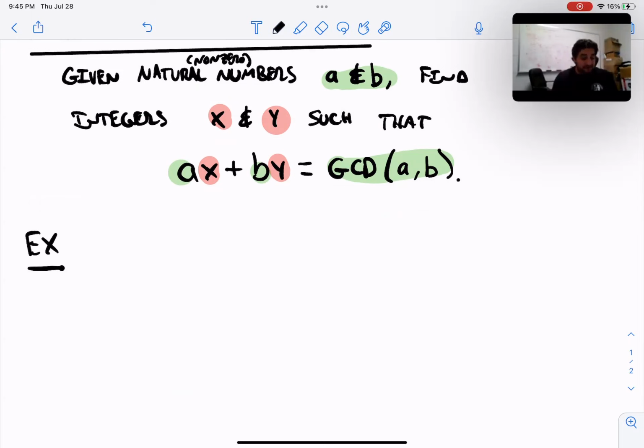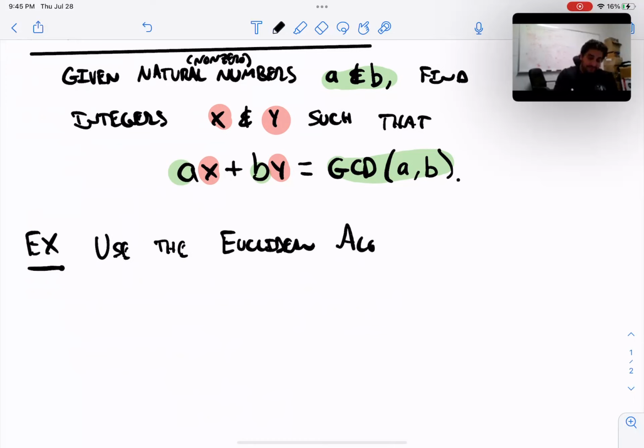So let's start with an example where I'm going to use the Euclidean algorithm to calculate the greatest common divisor of two numbers.